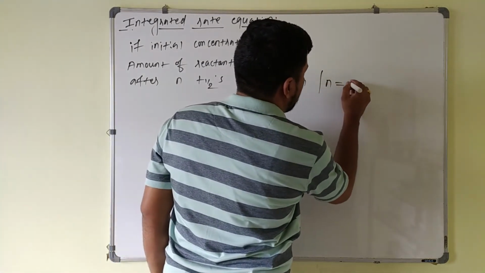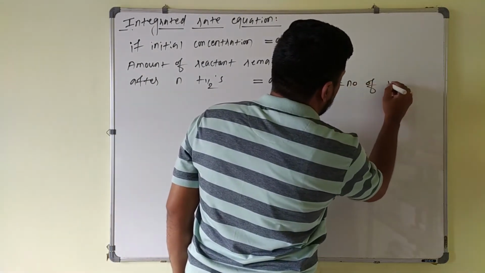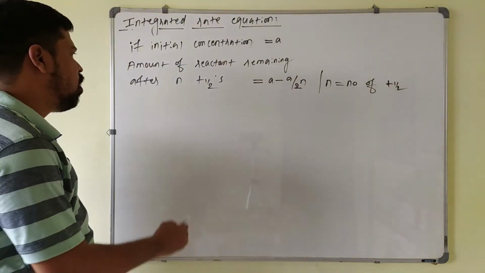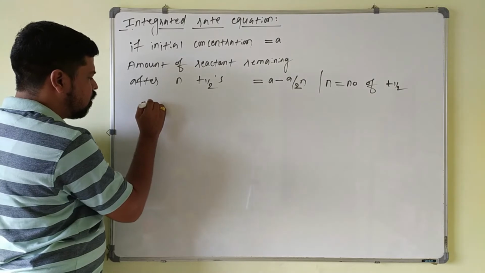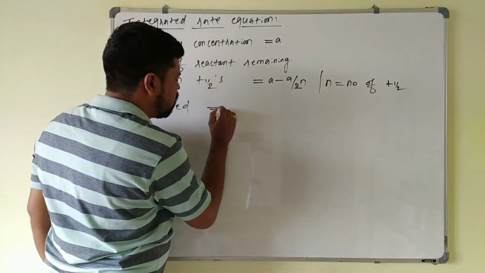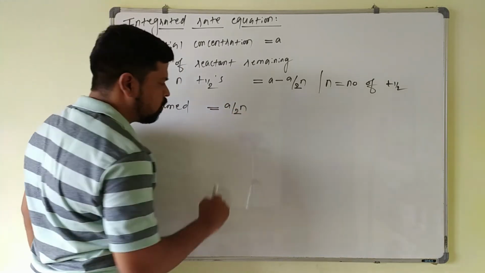Here n is the number of half-lives. How much amount is consumed here? The amount of reactant consumed is simply A by 2 raised to n.